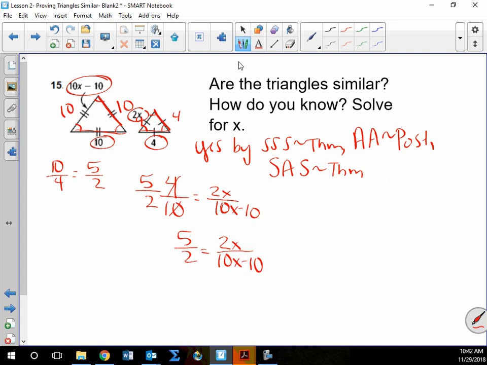Can I reduce this? Is that allowed? It's not allowed. We can only reduce fractions, one on top, one on bottom, on the same side. So be careful. That's a common mistake I see. Why'd you do 5 halves? Oh, sorry, 2 fifths. Woo, that would have been bad. Can you just do 2x equals 4?